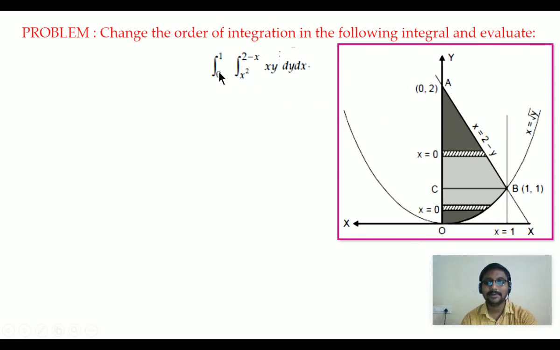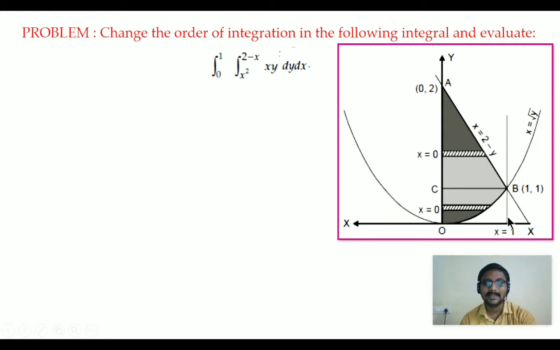And x equal to 0 means y axis. X equal to 1 is a line parallel to y-axis and passing through the point 1, 0 with x-axis, and the parabola and line meet at the point 1, 1.